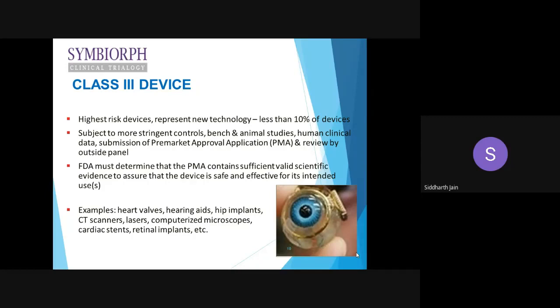We have to submit a very detailed application, and do a lot of work in terms of document preparation and submissions. The US FDA will take approximately 1 to 1.5 years to review your file and give the PMA approval for your class 3 devices.